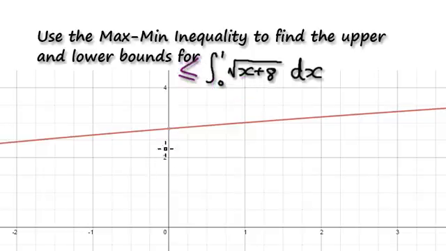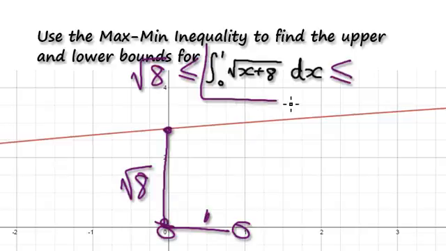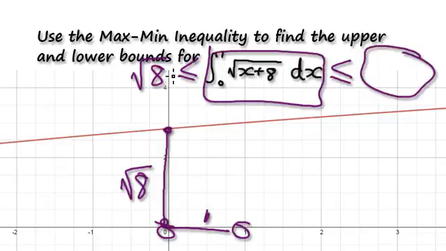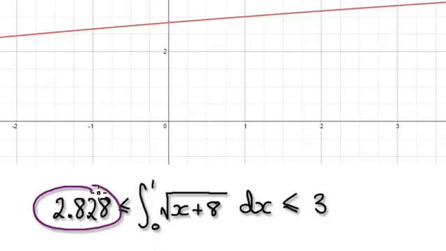So the height here would be root 8, but then you've got to times it with the width, which happens to be 1. So this is root 8. There we've trapped this thing between the biggest possible value and the smallest possible value, so that takes us to this, because root 8 gives you this.